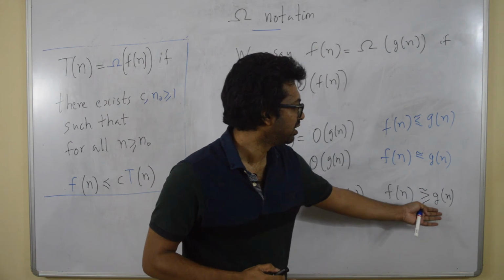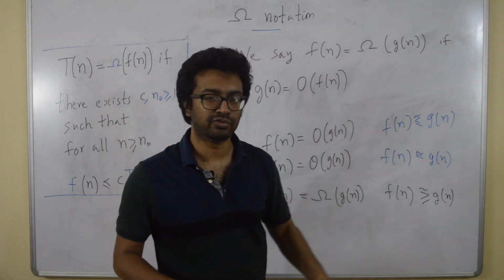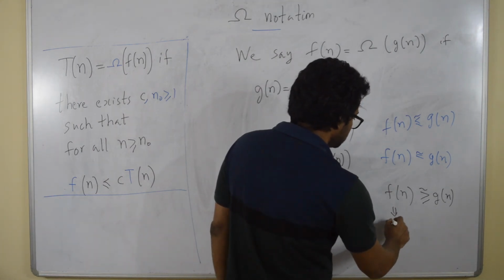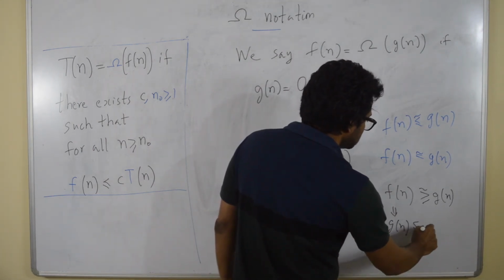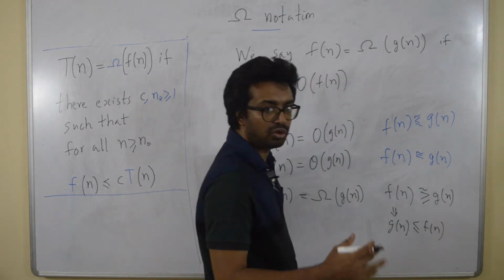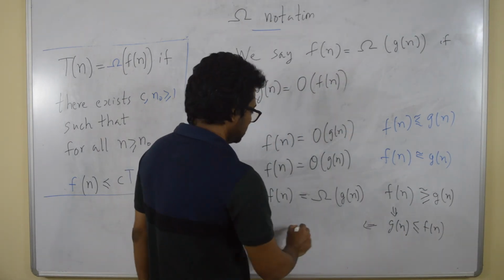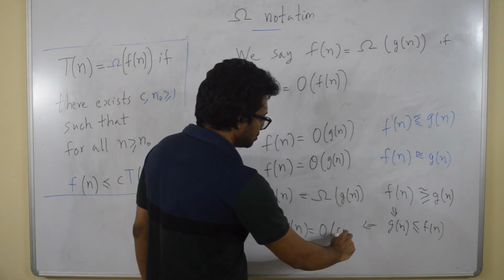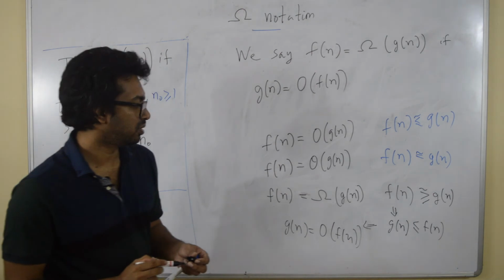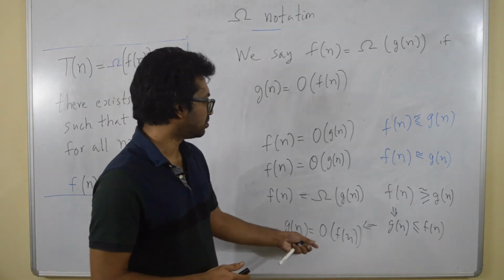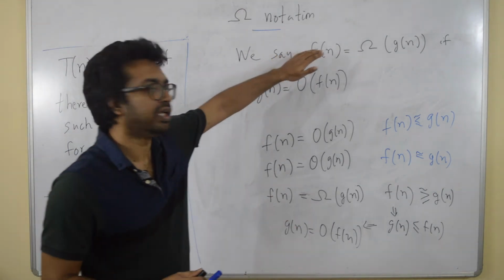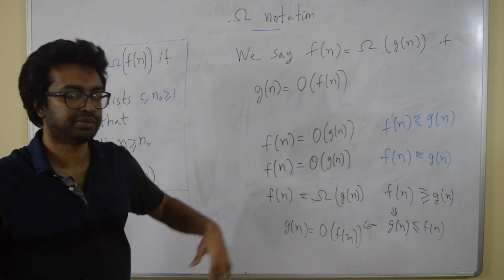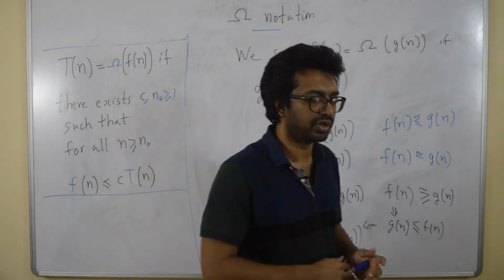That means g of n is less than or equal to f of n, right? Or g of n is equal to big O of f of n. So that's why I said that if we say f of n is equal to omega of g of n, if g of n is equal to big O of f of n, it's clear. It's basically the other way around.